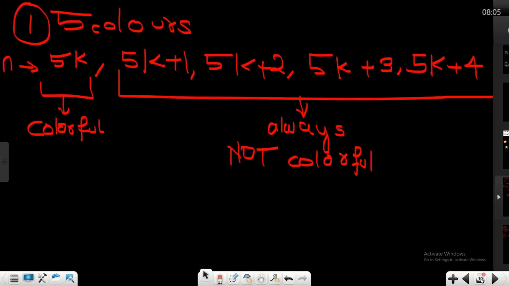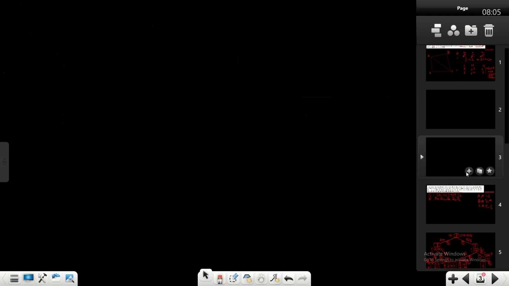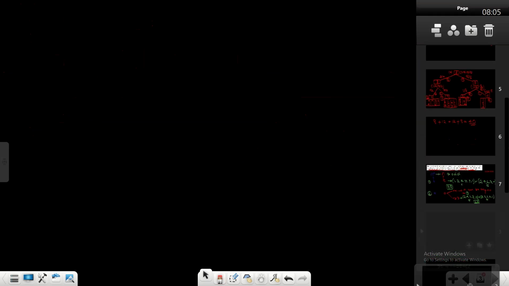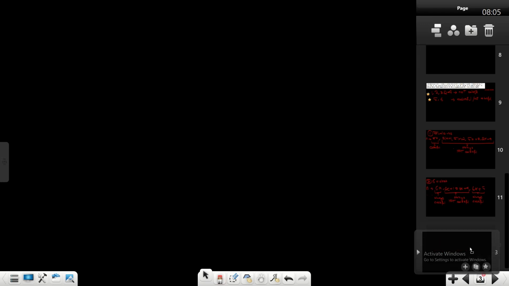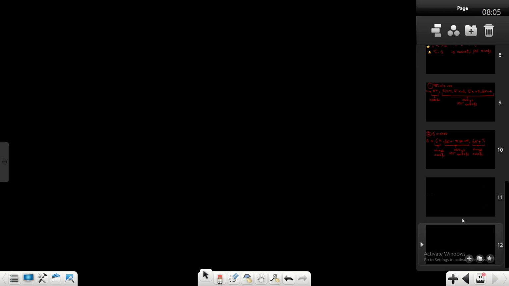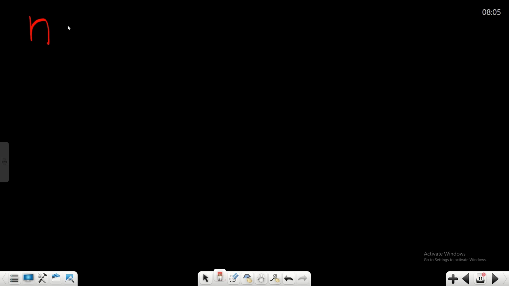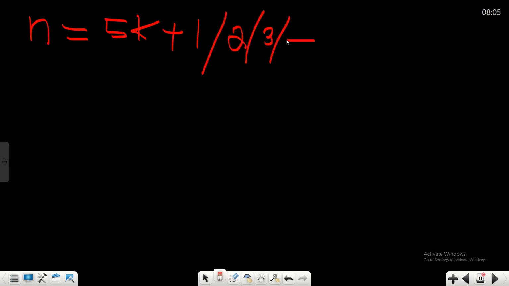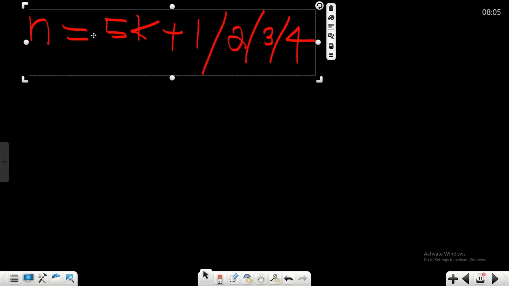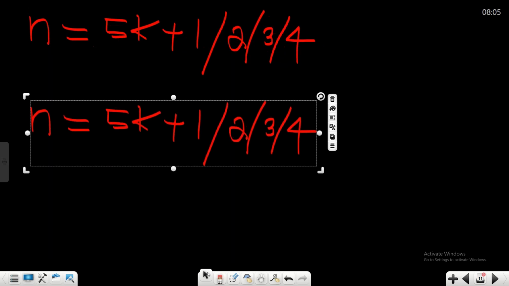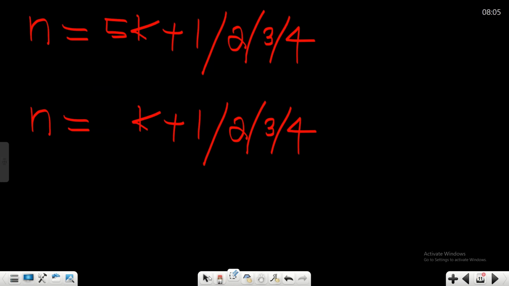Now if I write this on the next page, one thing is clear: n should be in the form of 5k plus 1 or 2 or 3 or 4, or n can be in the form of 6l plus the same thing, 1 or 2 or 3 or 4. Let me write this as l, so as not to equate it mistakenly.